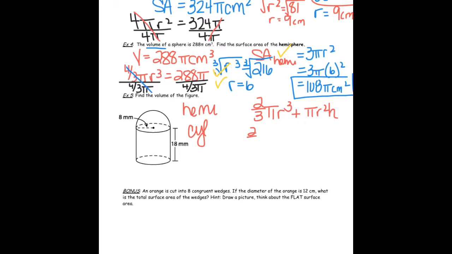So I have 2/3 pi times the radius, which is 8 cubed, plus pi times the radius, 8 squared, times the height, 18. So 8 cubed is 512 times 2/3. I'm going to keep it as a fraction.